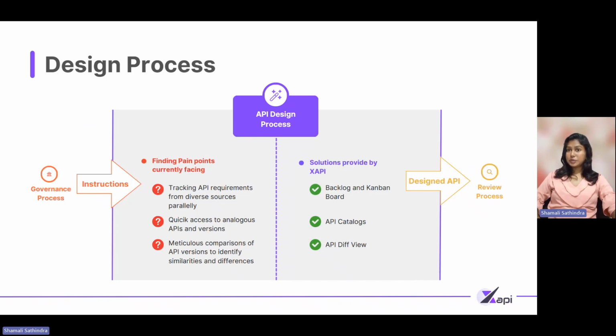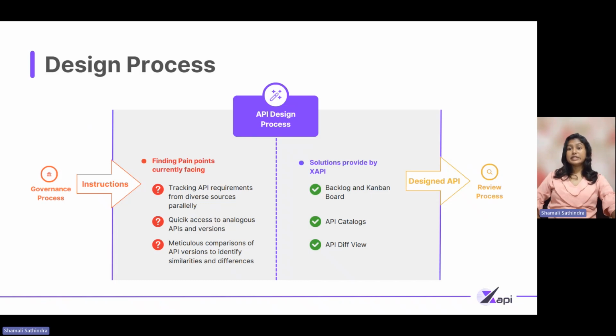And the diff view: the diff view enables designers to compare old and new API code side by side and identify the changes. And API versioning enables the design team to implement API requirements with backward compatibility, and it enables flexible API evolution.